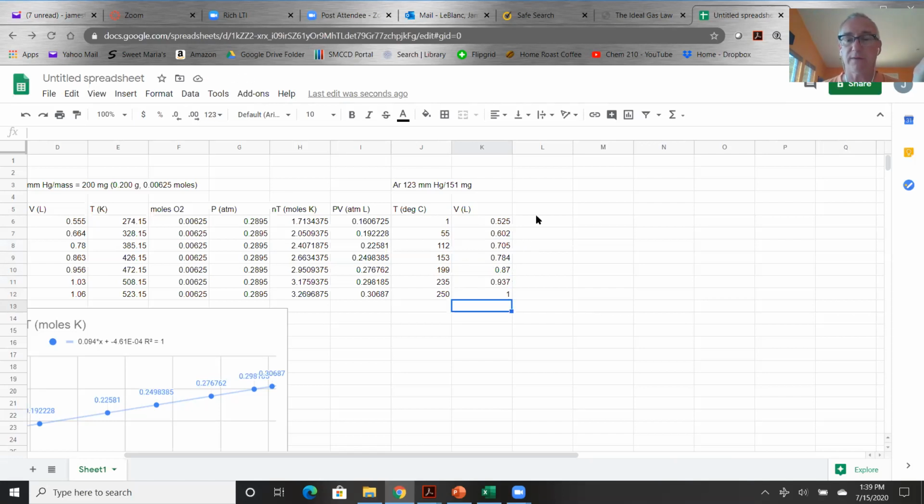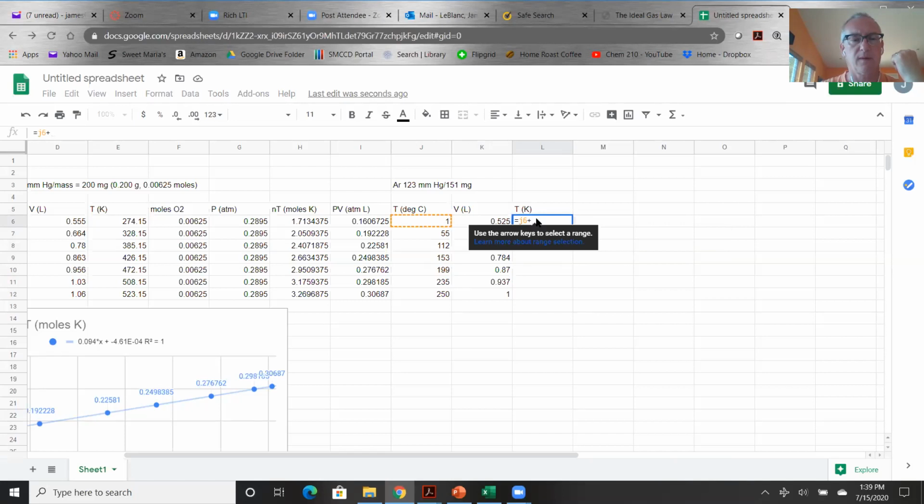Okay. So we do the same thing we did before. We need to change our temperature to Kelvin. Oh man. All right, so I'm going to add J6. And what's my, oh, JG. What's my conversion again from Celsius to Kelvin? 273.15.